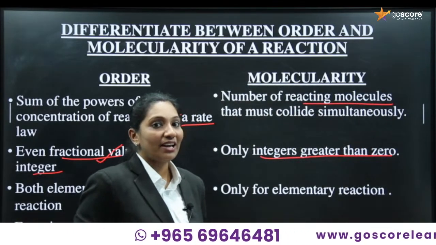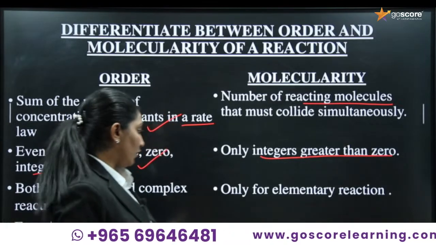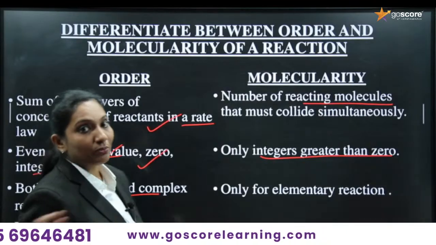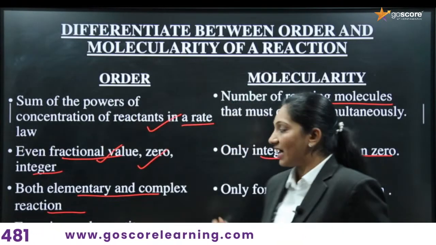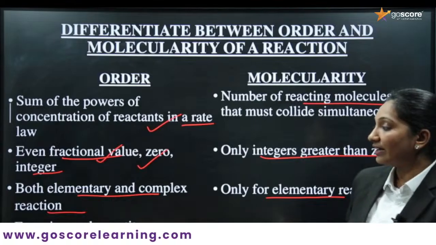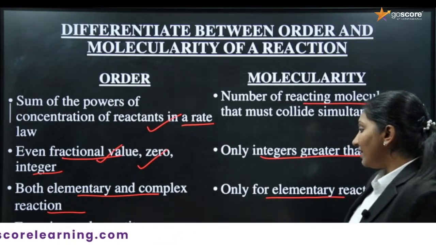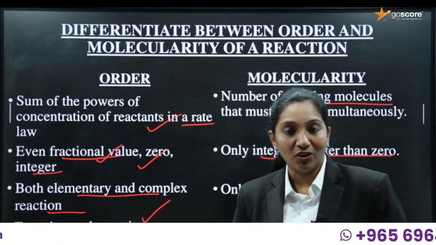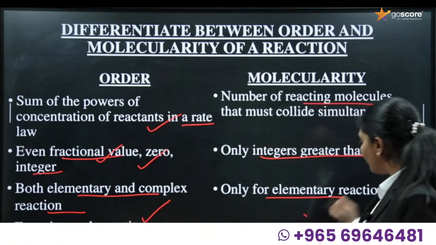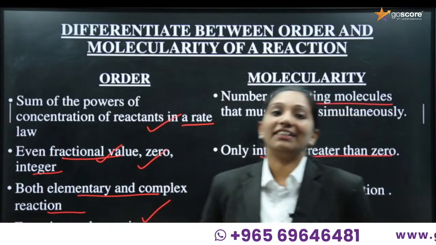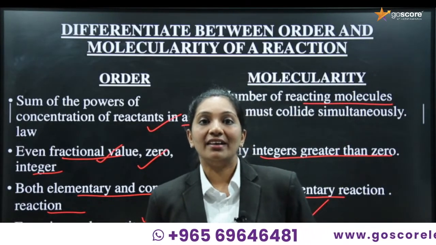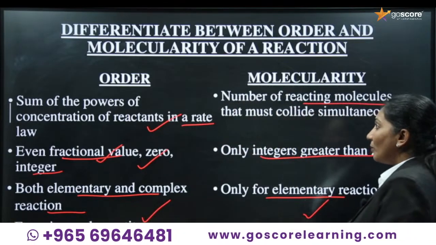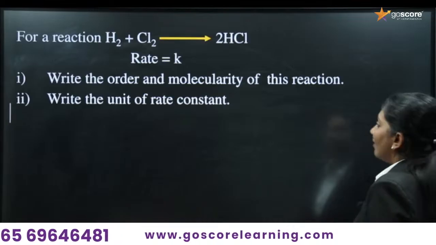It will be an integer value greater than 0. We can apply the order of reaction to both complex as well as elementary reactions, but molecularity is only for elementary reactions. Order is an experimental quantity, whereas molecularity is a theoretical quantity, measured by the stoichiometric coefficients. I hope it's all clear for everyone.